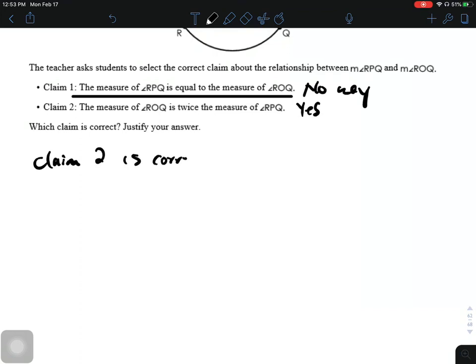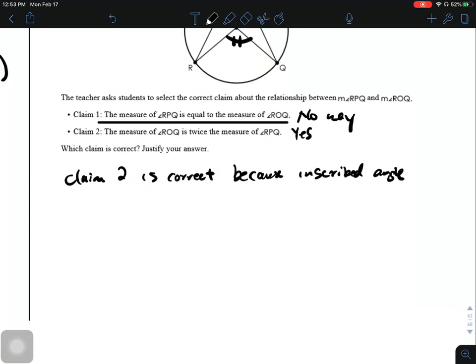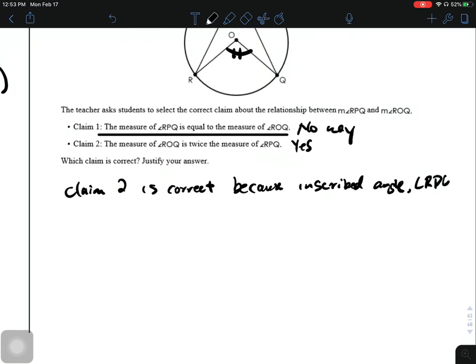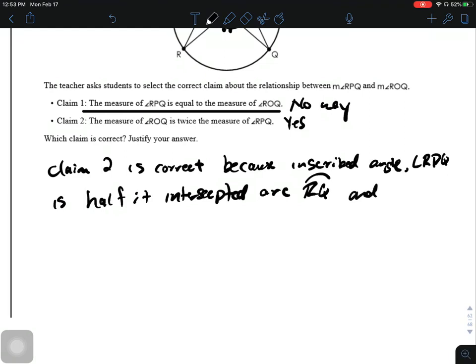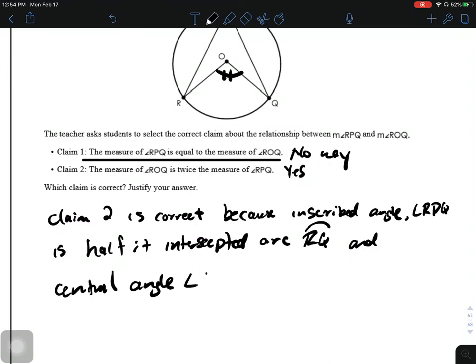Claim 2 is correct because inscribed angle RPQ is half the intercepted arc and central angle ROQ is equal to its intercepted arc.